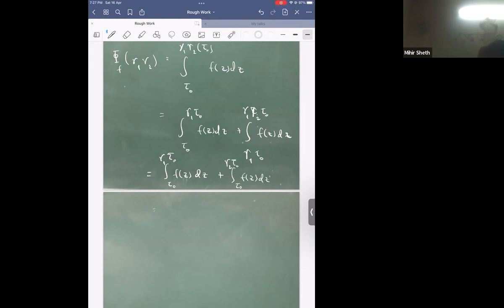Which is nothing but phi of f of gamma 1 plus phi of f of gamma 2.